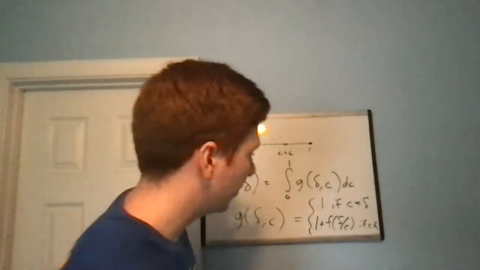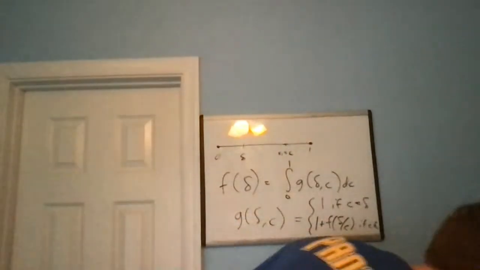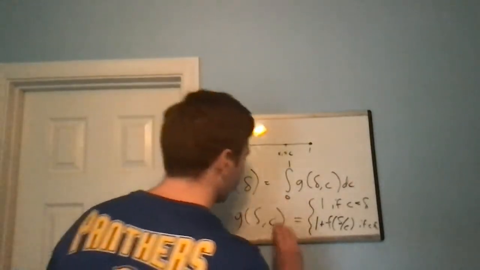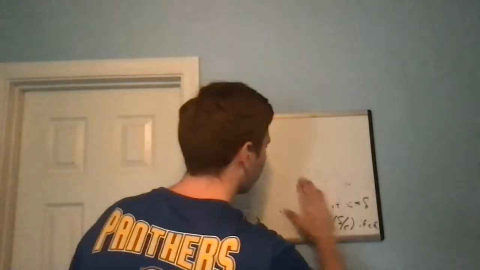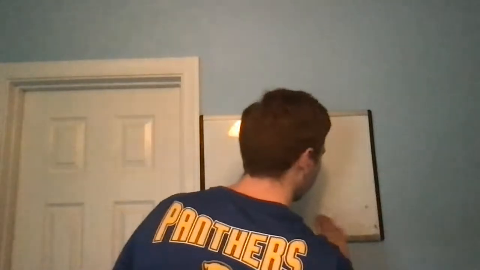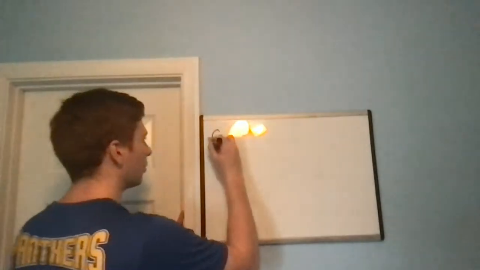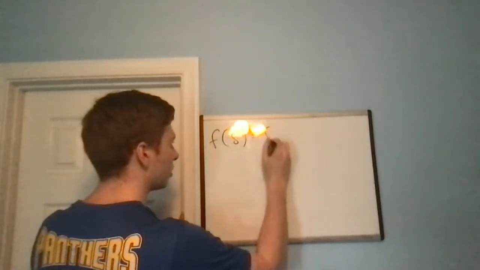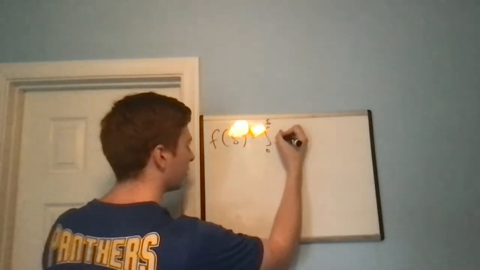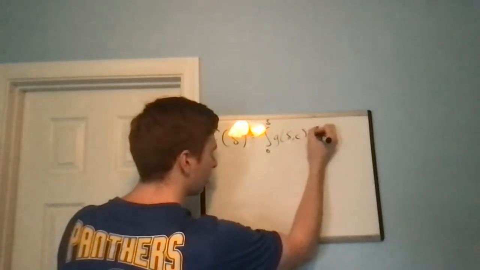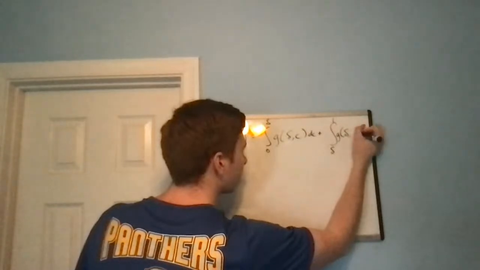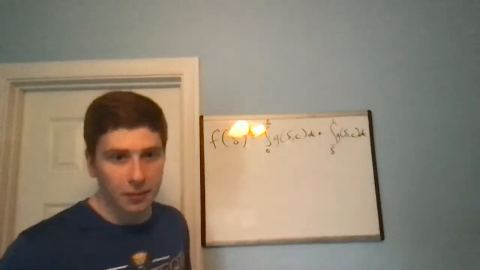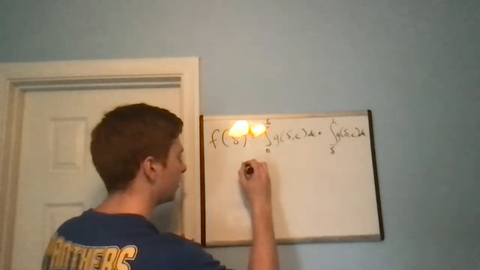So, okay, I'll just go ahead and do it. We can break this into two integrals, 0 to delta, and then delta to 1. Okay, then we use the piecewise definition.